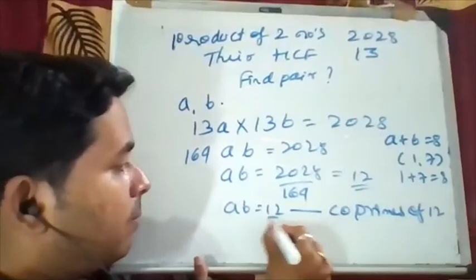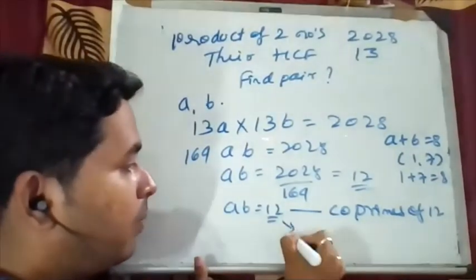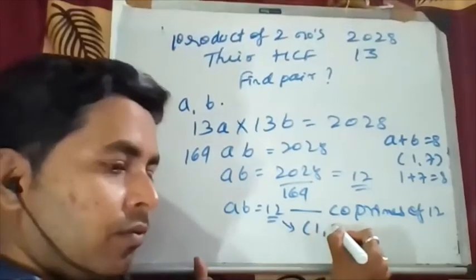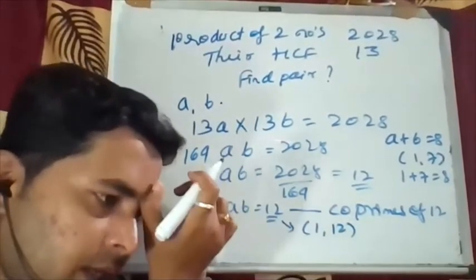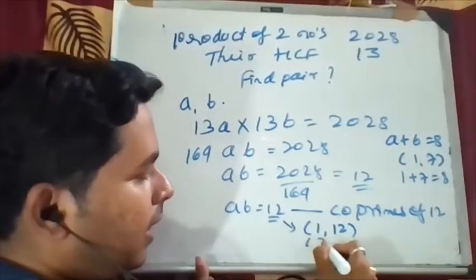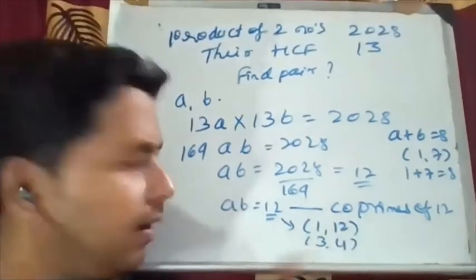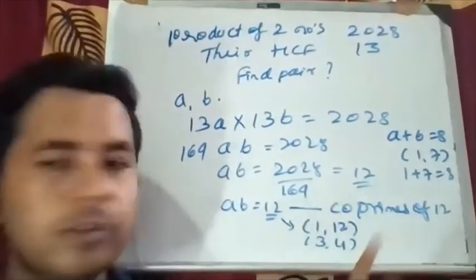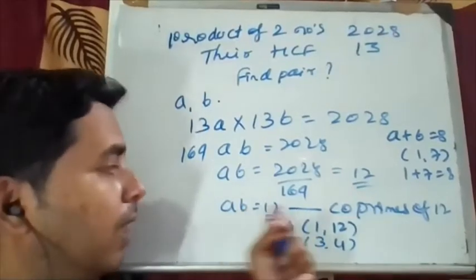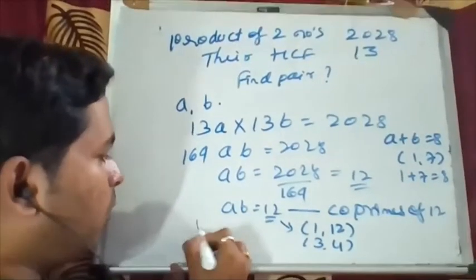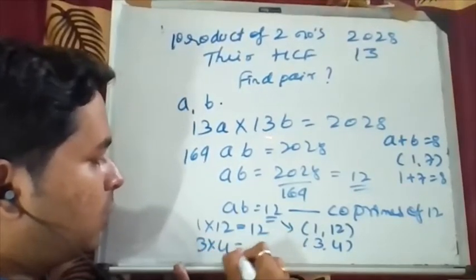So here this is the multiplying factor. तो multiplying factor means मुझे को प्राइम कैसे आना चाहिए इधर? 1 and 12, okay, and 3 and 4, क्योंकि 12 1 से नहीं कटेगा and 4 3 से नहीं कटेगा. Why do I have to take prime numbers in such a way? I am multiplying. So if I do 1 into 12, I should get 12, 3 into 4, I should get 12.